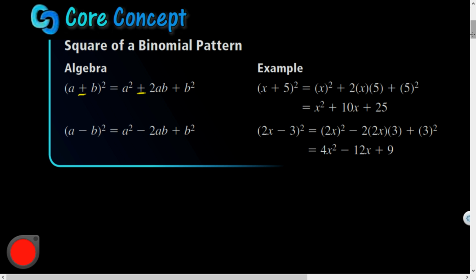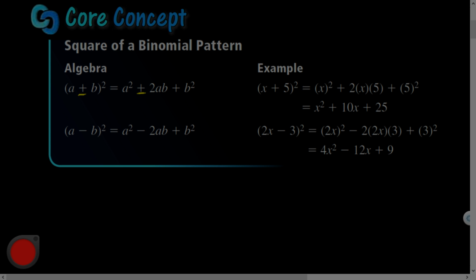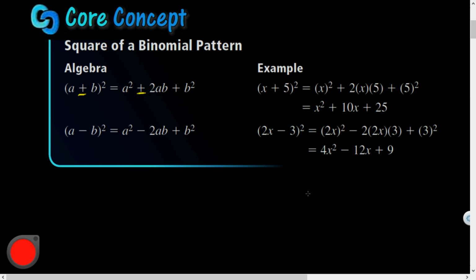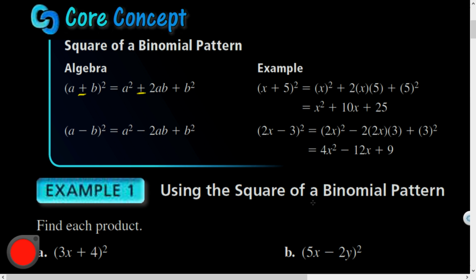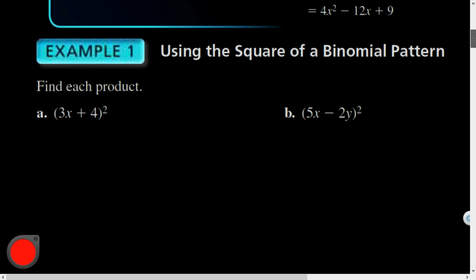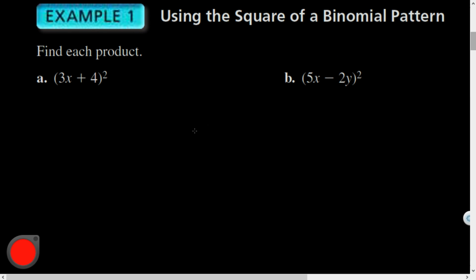All right, so let's put this to work, and one of the ways we're going to do this, we're going to literally use this pattern where we have a and b, and we're going to label our values a and b. So we've just got to be familiar with the pattern, label our parts, and then plug in what we know. So here we go.